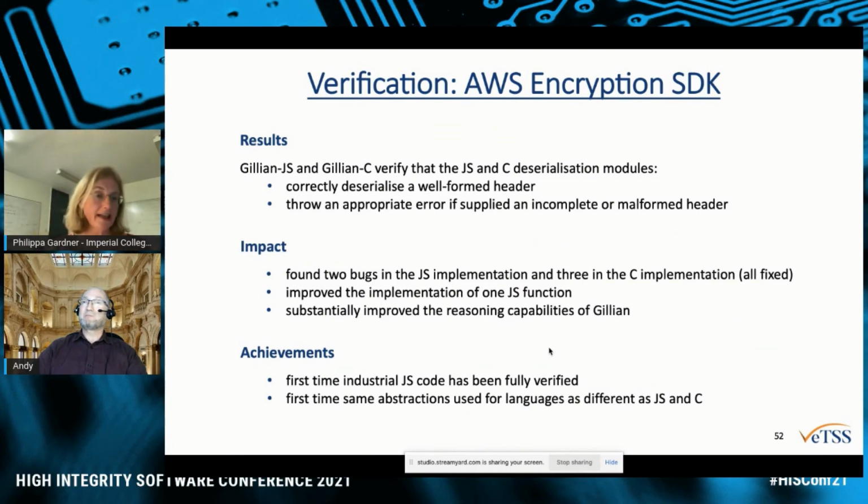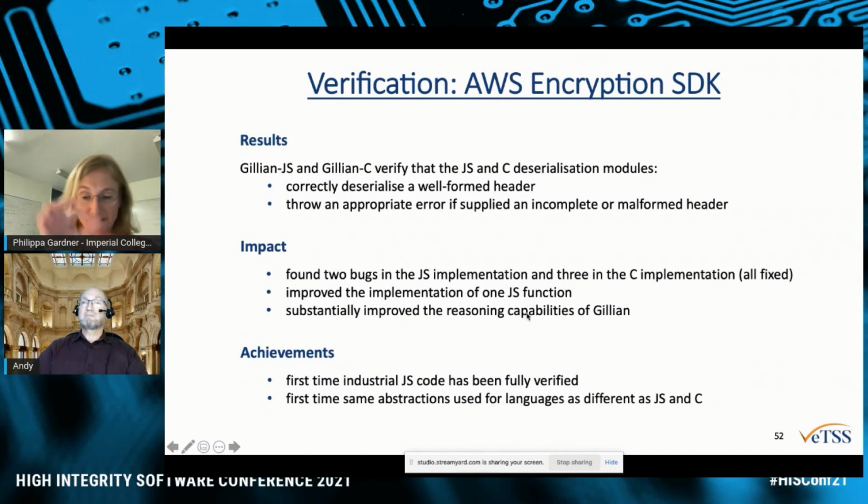We found bugs, including one that looked actually quite serious in terms of buffer overrun. And another to do with they didn't get the specification, the mathematics quite right. We've also substantially improved Gillian. So going from a tool that was good, really actually quite good for an academic tool at doing data structure algorithms, to a tool to doing real world code, really helped us in our development of Gillian.